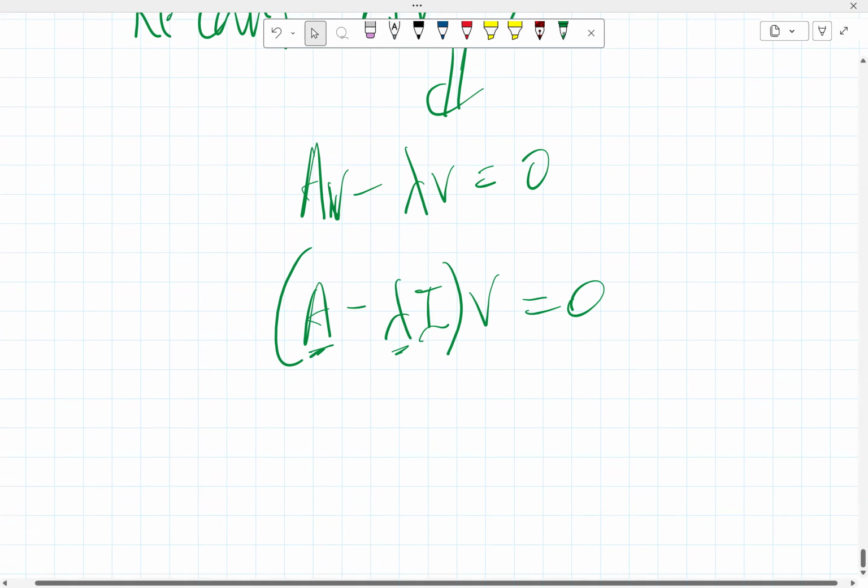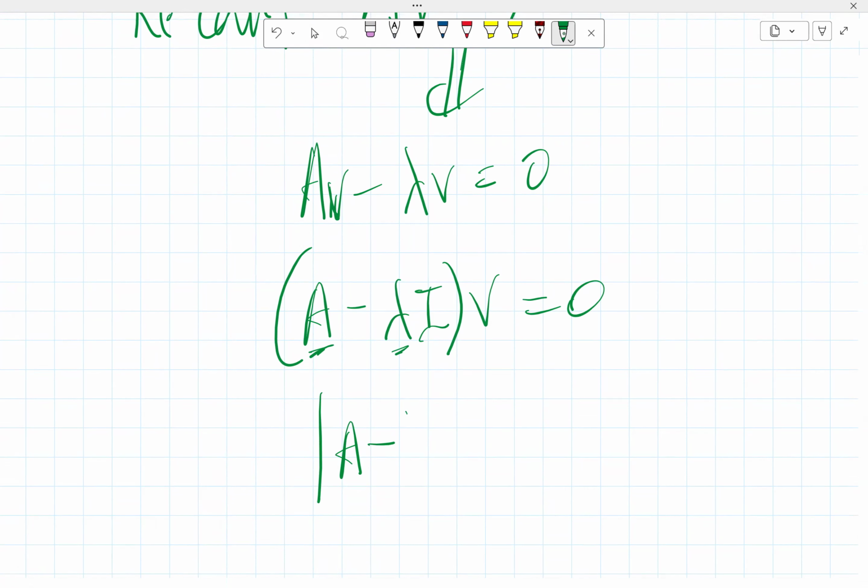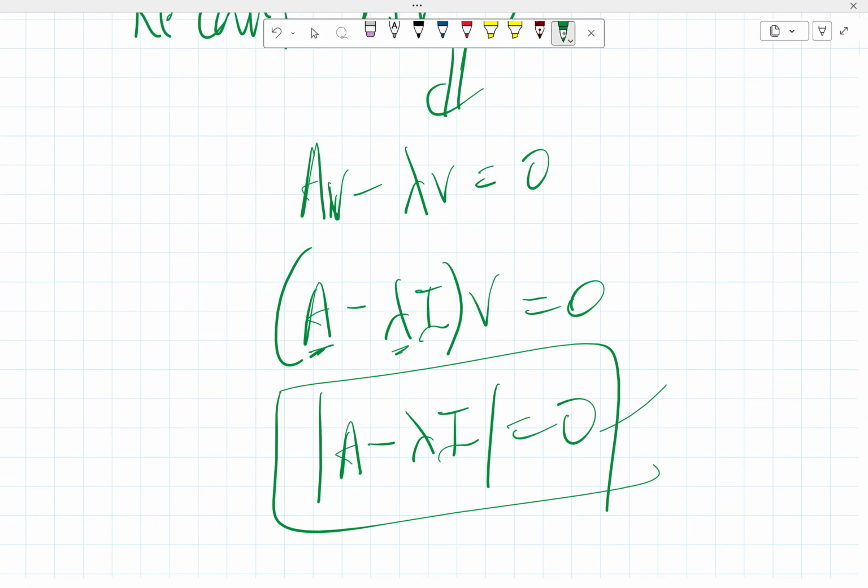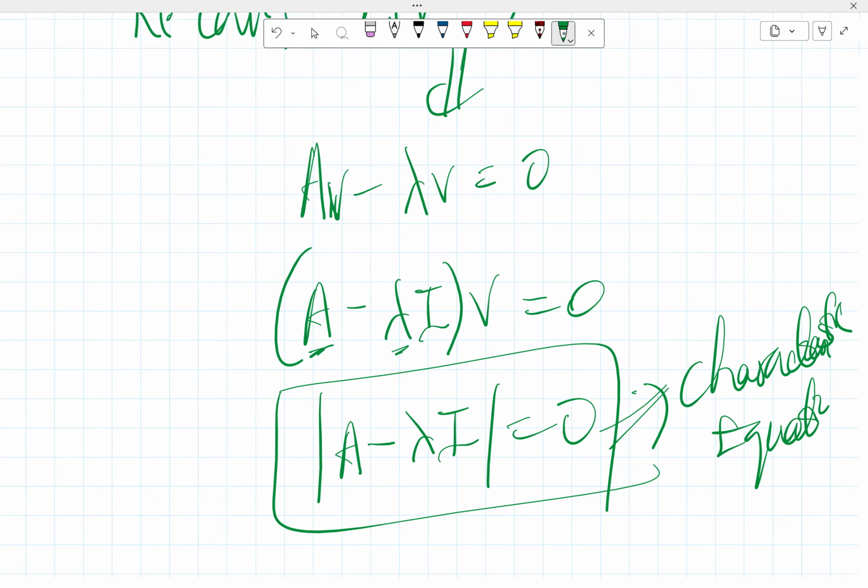From here, you discover that the determinant of A minus lambda I is equal to 0. This is what gives you the characteristic equation, like we said the other time, from which you get your eigenvalues.